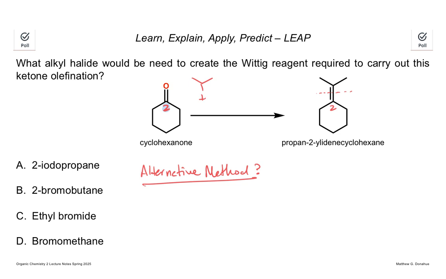So this is 2-iodopropane plus triphenylphosphine. That generates the phosphonium salt, and then we can deprotonate that H to make the ylide.